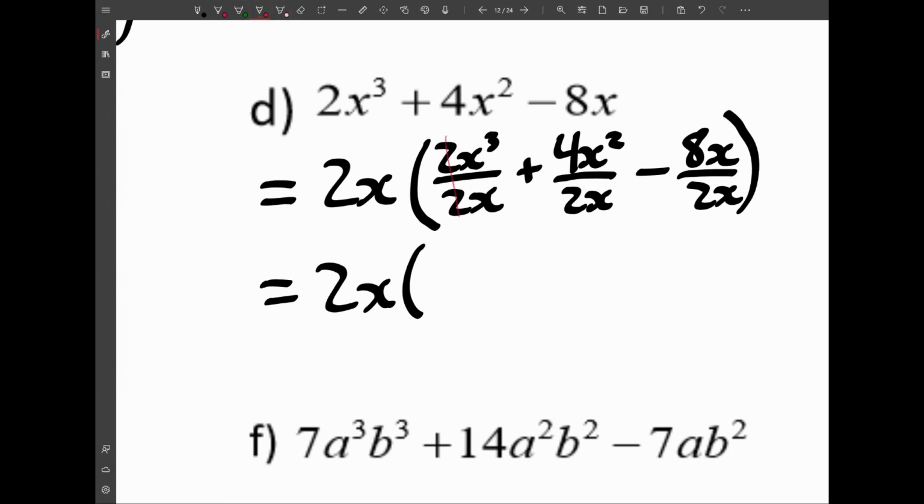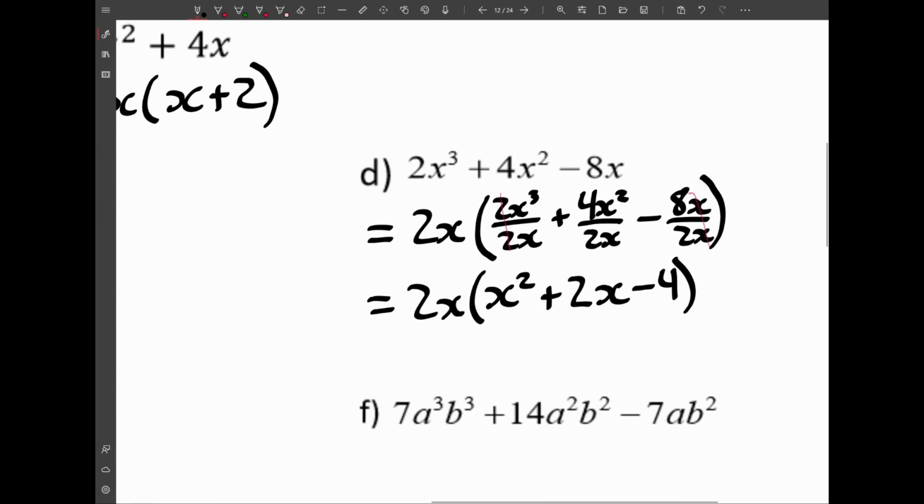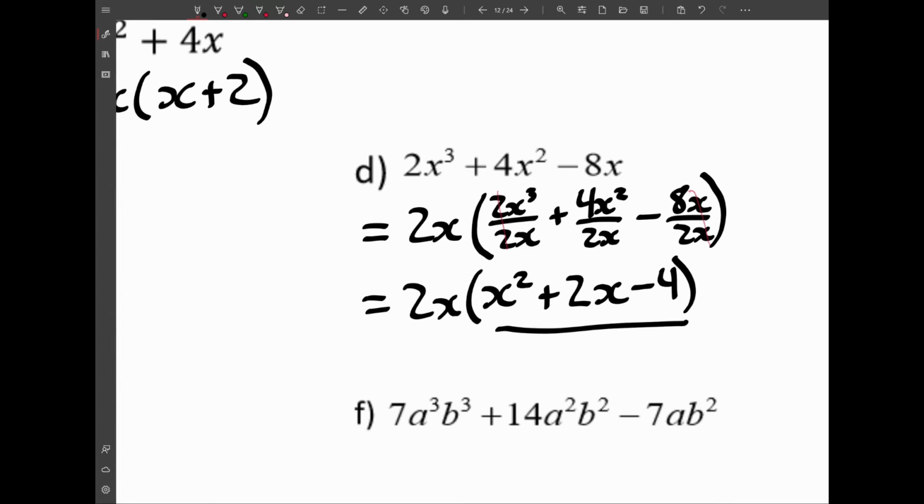So we see the 2's cancel here, and x cubed divided by x is x squared. 4 divided by 2 is 2. x squared divided by x is x. 8 divided by 2 is 4, so minus 4, and the x's cancel, so that's all. So that is our factored form. Well, that's our GCF factored out anyway. We'll learn how to factor this further later on.